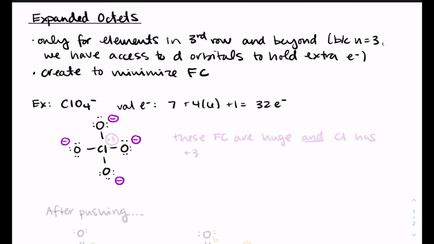So oxygen with 3 lone pairs, so 6 lone electrons and 1 bond, that's a negative formal charge. So every oxygen has a negative formal charge. And then chlorine has 4 bonds, and that's it. That gives chlorine a +3 positive charge. So I have a formal charge on every atom.